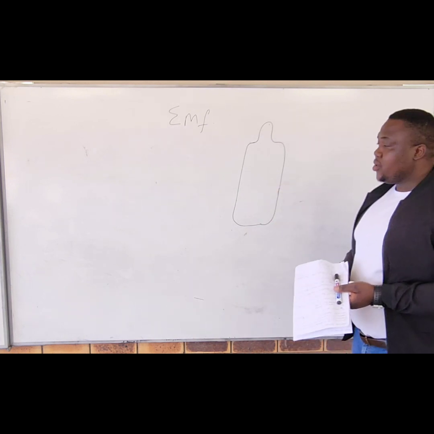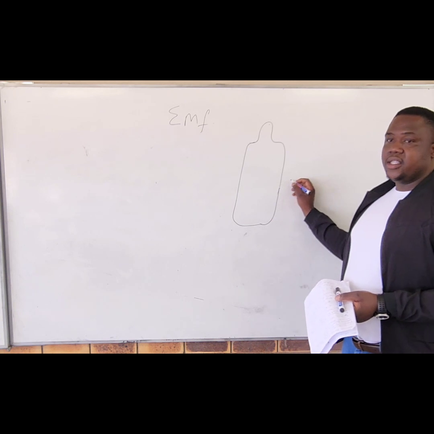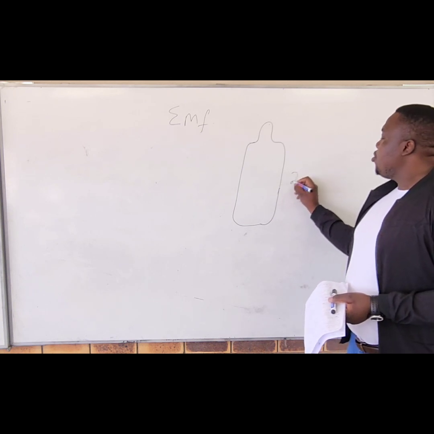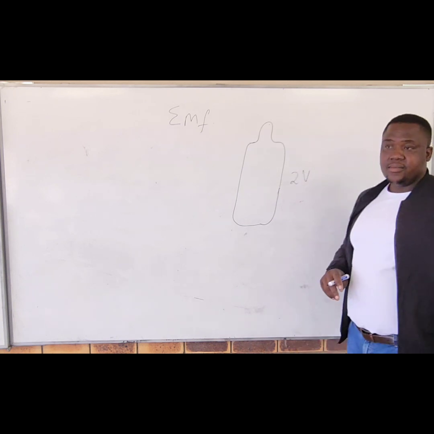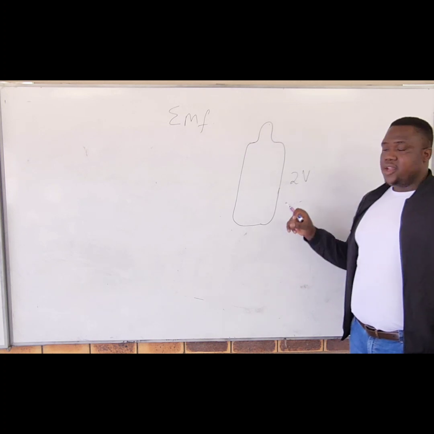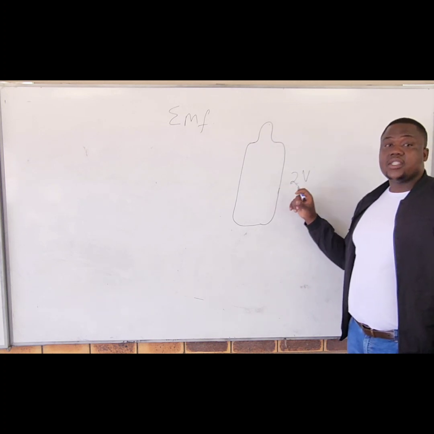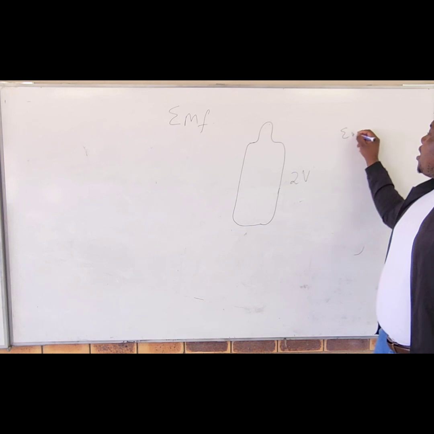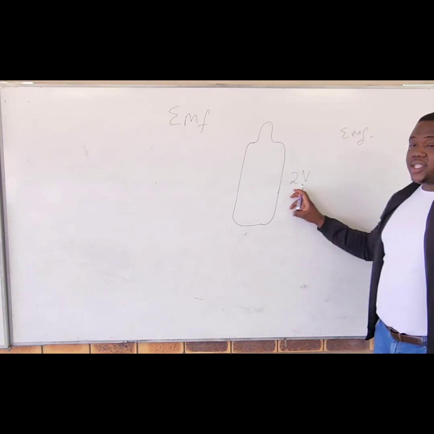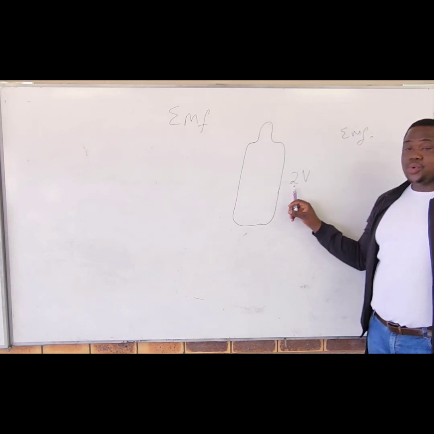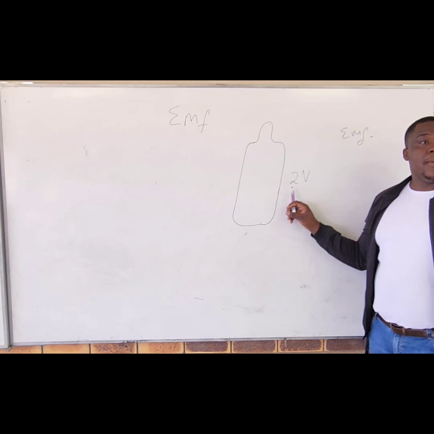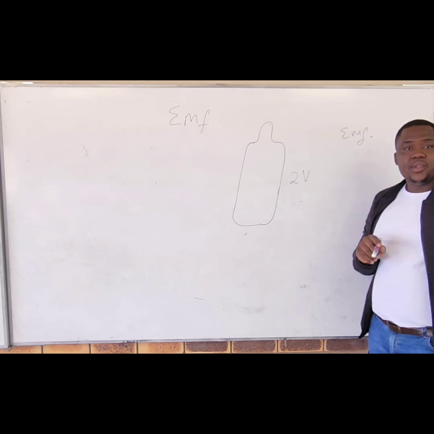Let's say we are told that this battery can deliver 2 volt. Then it means that this 2 volt is the EMF. This battery can deliver 2 volt. That is the maximum energy that this battery can provide. But there is a problem.